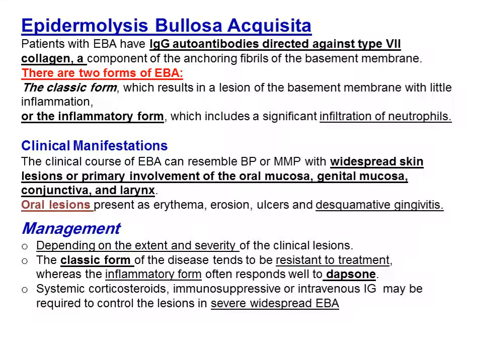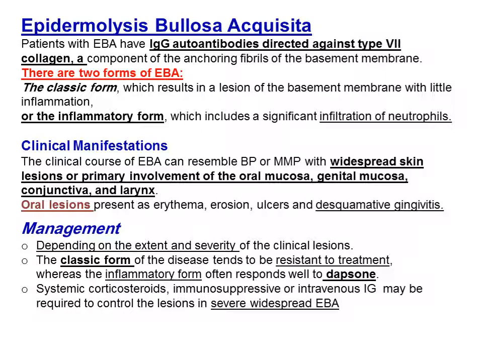Now we will talk about epidermolysis bullosa acquisita. Patients with epidermolysis bullosa acquisita have IgG antibodies directed against type 7 collagen.